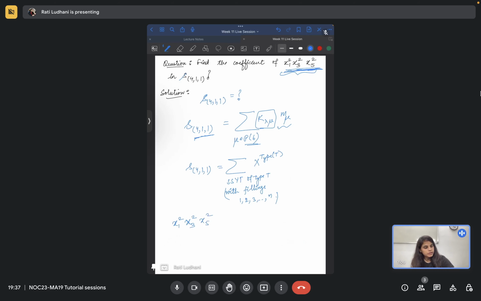So the corresponding type you will get, can you tell me what will be the type? The type says the first position is the number of 1s, and then you have 2, so the type is 2, 0, 2, 0, 2, because x2 and x4 are not here.